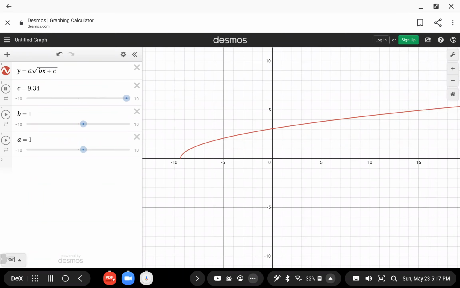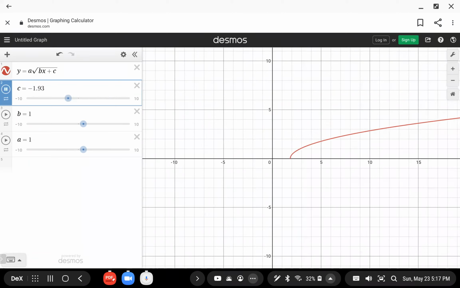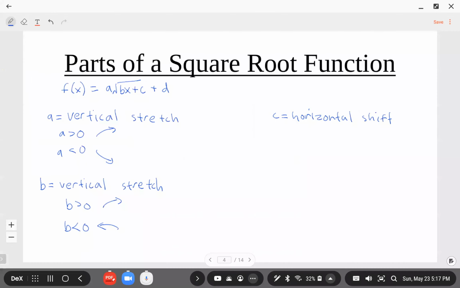You should definitely take notes about that. So, horizontal shift: when c is greater than 0, which means it is positive, it goes to the left. When c is less than 0, which means it is negative, it goes to the right.